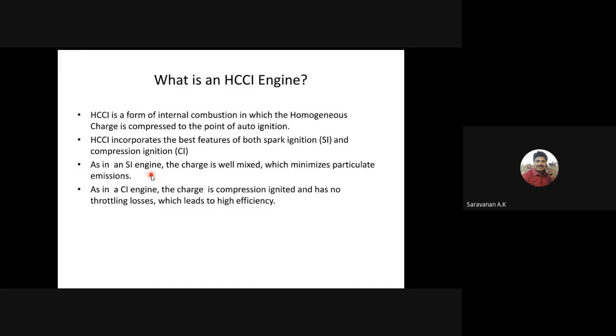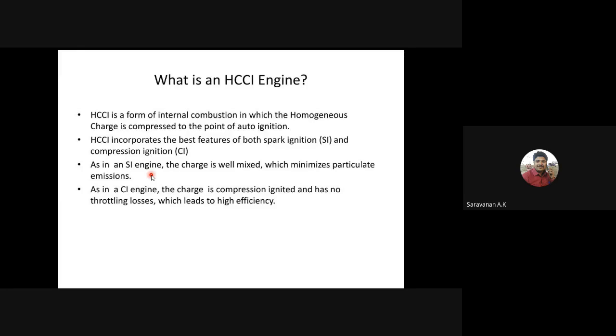IC engines are the primary source for all transportation vehicles, marine ships, construction equipment and agricultural machinery, among others. Normally the IC engine consumes an extremely large amount of fuel to produce power, and it will emit poisonous or harmful exhaust gases.